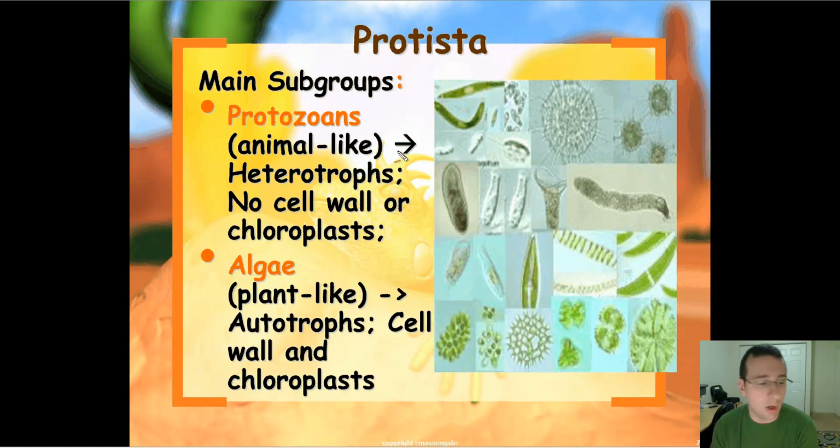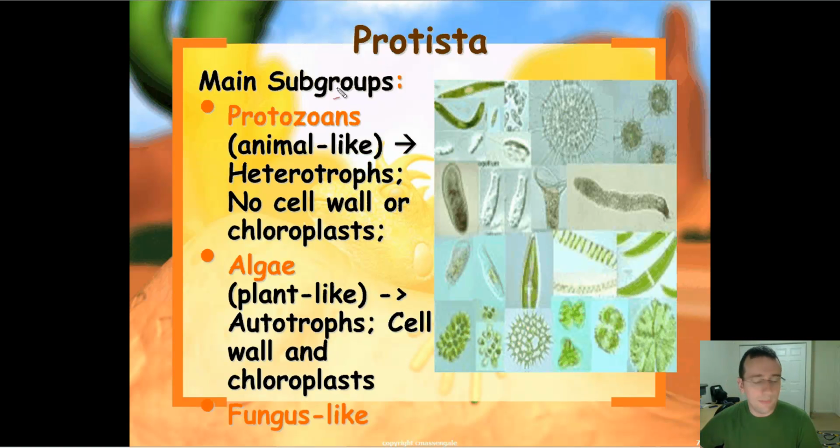But they all have cell walls made of things which are similar to or even are cellulose just like the plants, and they have chloroplasts just like the plants. But there are some groups of plant-like protists which have plastids other than chloroplasts. Chloroplast is not the only version of photosynthetic plastids found inside of cells. There are some other ones.